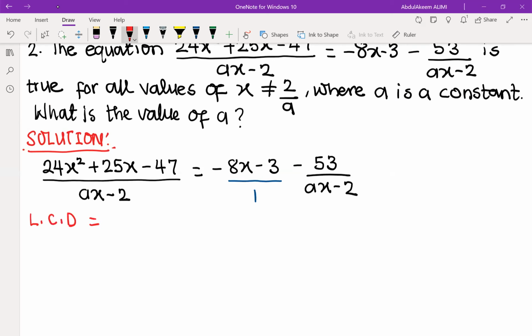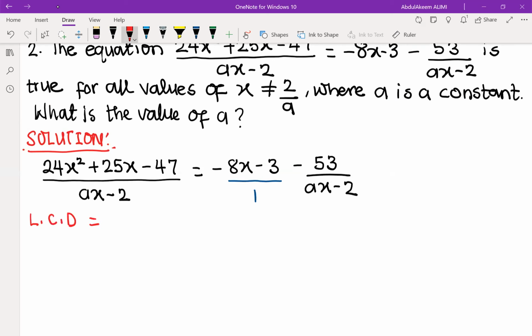So the next thing I'm going to do is multiply through by the lowest common denominator, which is ax minus 2. When I multiply these two, what will it be?